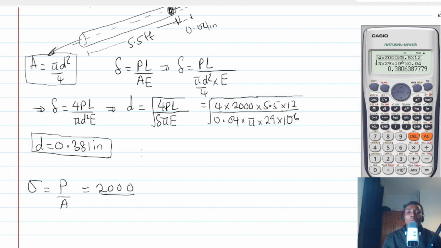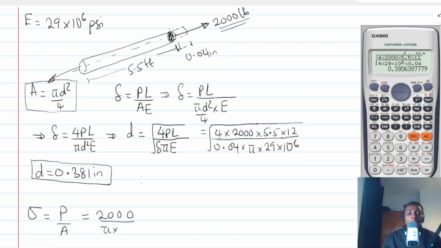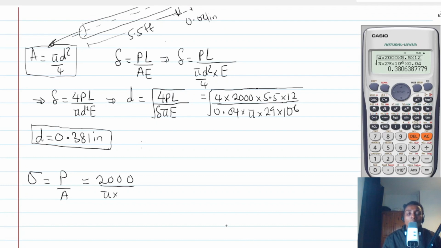We know the area already, so it's just going to be pi multiplied by 0.381, which is the diameter, squared, and the 4 will come here.